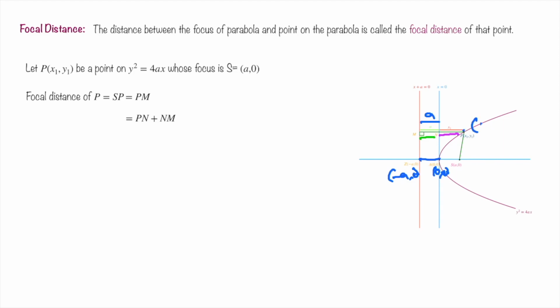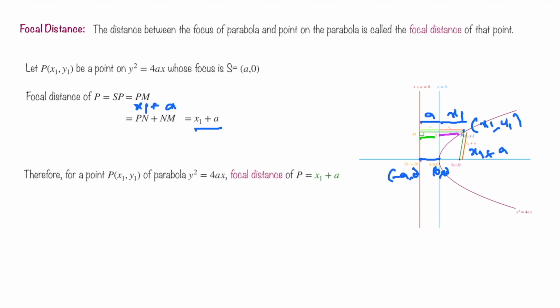And since this is a point x1 y1, this distance must be equal to x1. So as you can see, PN is going to be x1 and NM is going to be a. So this focal distance SP is going to be x1 plus a. As you can see, the focal distance of point P equals x1 plus a. Therefore, for a point x1 y1 on the parabola y square equal to 4ax, the focal distance of P is going to be x1 plus a.